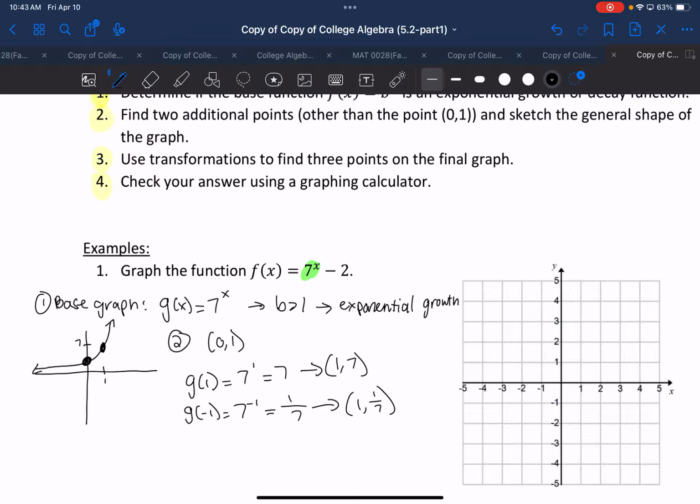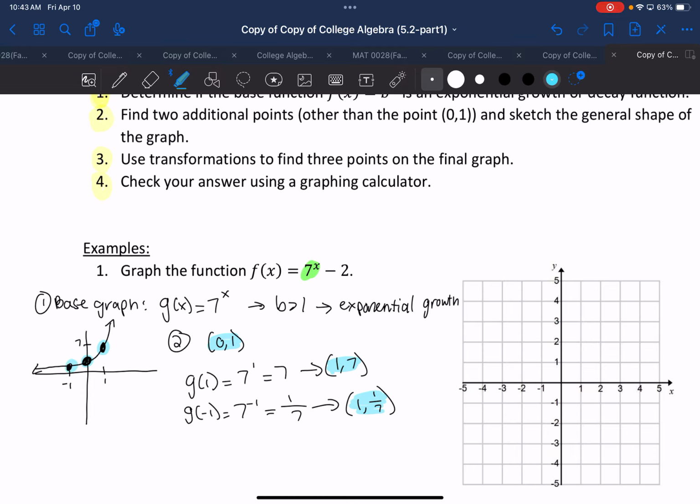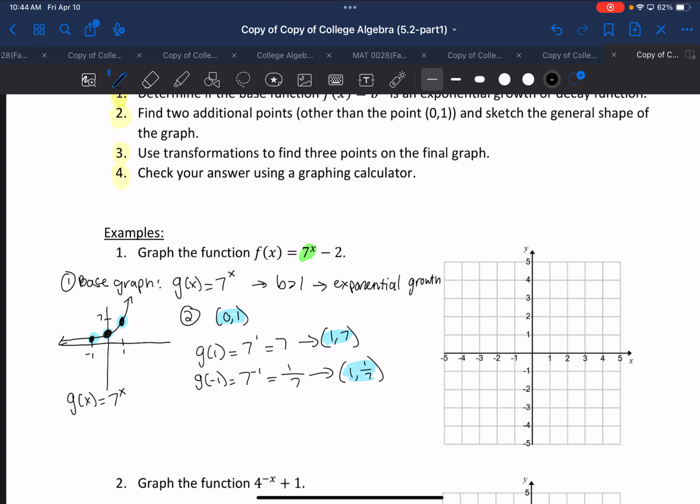And that point would be like right here. So these are the 3 points that I found on my base graph. So this is just the graph of g(x), because you always want to start with the base graph, just like we did with the other transformations. We always started with the regular x squared that went through (0, 0), and then used the transformation.